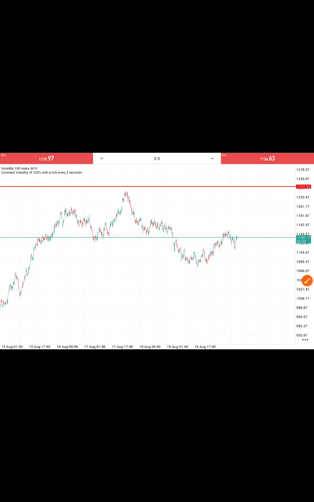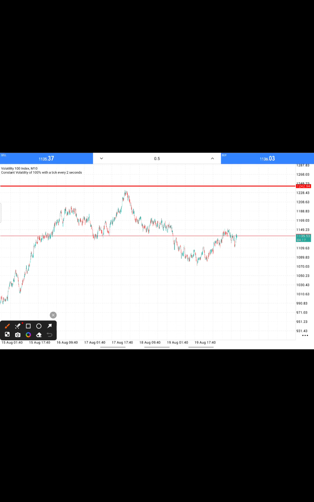Now you are going to see it from the chart. You are going to see the W pattern on your chart, something like this. Do you understand? So it will happen here as well.